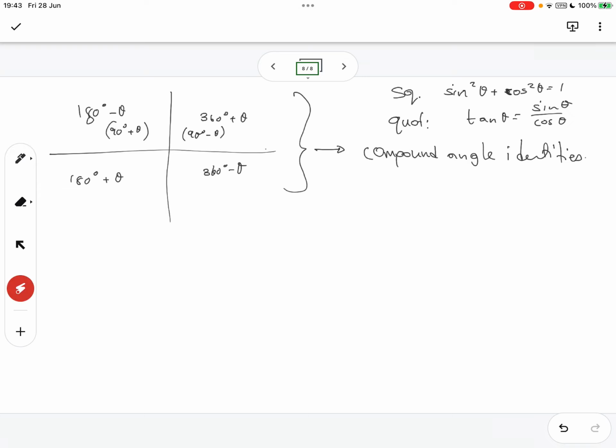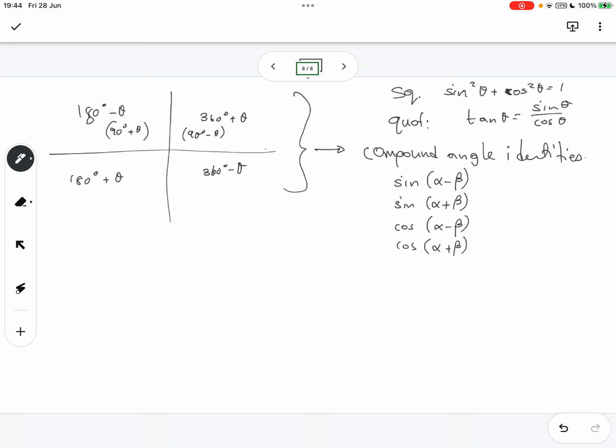That's because we've put quite a bit of emphasis on reducing angles, like with 360 plus, 360 minus, 180 plus, 180 minus, ne? So compound identities include things like the sine of alpha minus beta, the sine of alpha plus beta, the cos of alpha minus beta, and the cos of alpha plus beta, right?